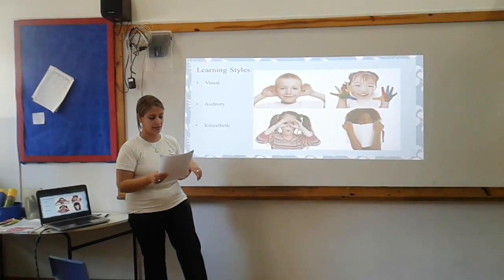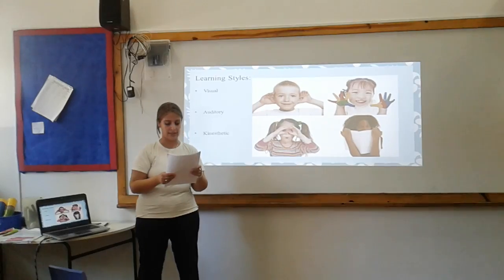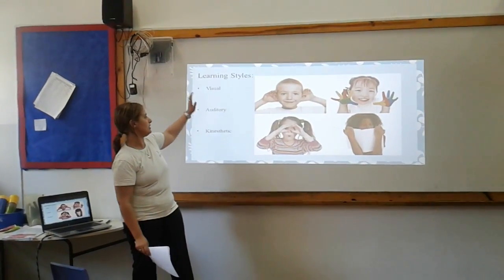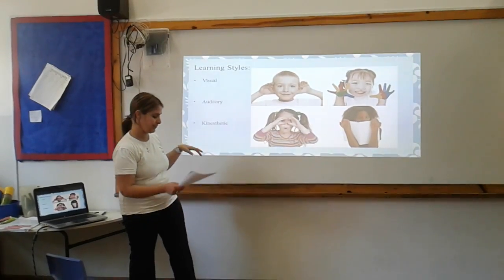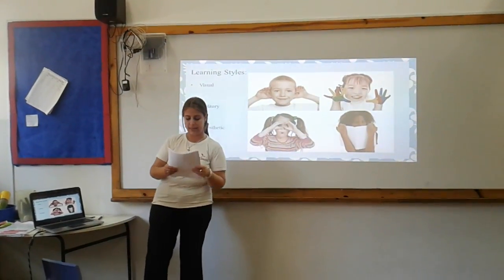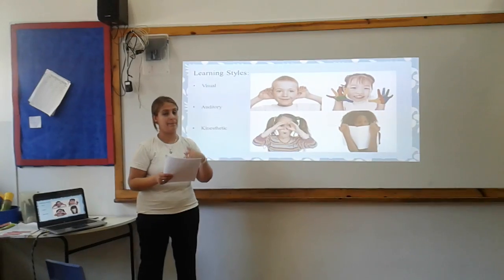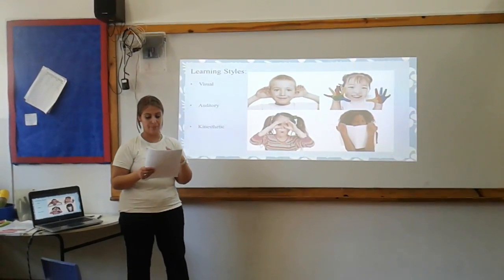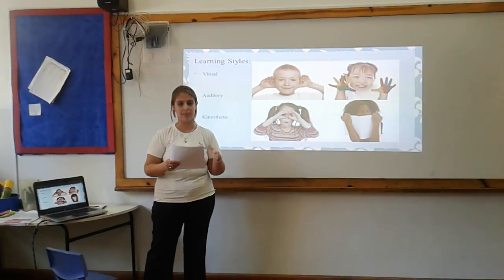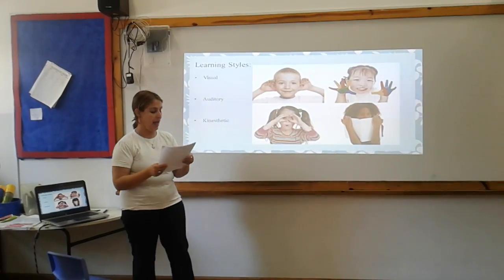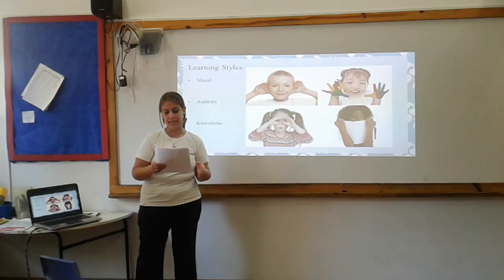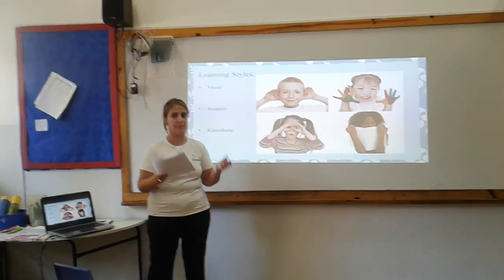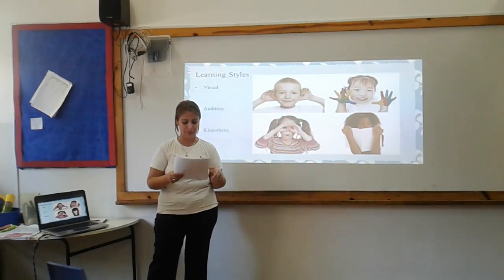The most common classification of learning styles talks about three categories: visual learners, auditory learners, and kinesthetic learners. The first one, visual learners, understand new concepts through images, graphic organizers, maps, etc. The auditory learners understand new concepts by listening and speaking, for example, in discussion groups.